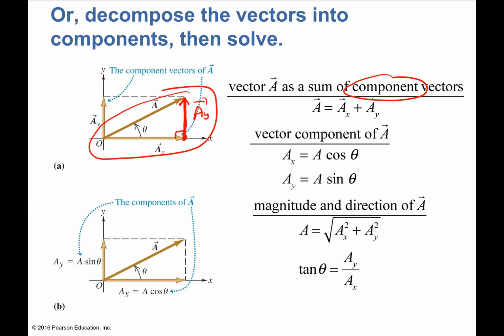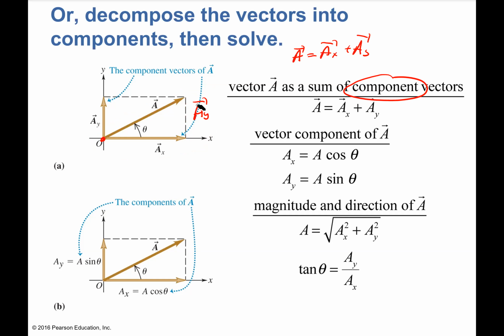And you can see what we just learned: if you have two vectors connected tip to tail, and another vector going from the starting point to the final point, then that resultant vector is nothing but the sum of the x and y vectors. That means the resultant vector is the parent vector A, and AX and AY are the components of the vector A.